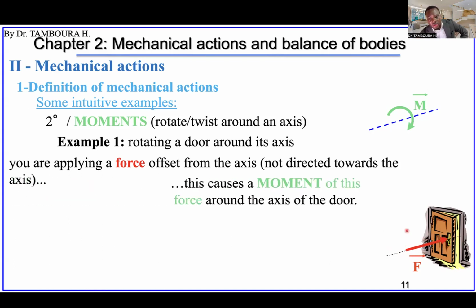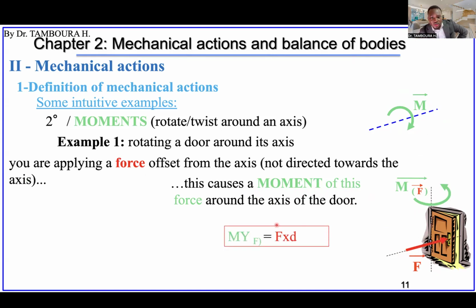And this is causing a moment. This causes a moment of this force around this axis, the axis of this door, like this. So this means the moment is caused by a force, right? So this is the moment around this axis caused by this force, right?